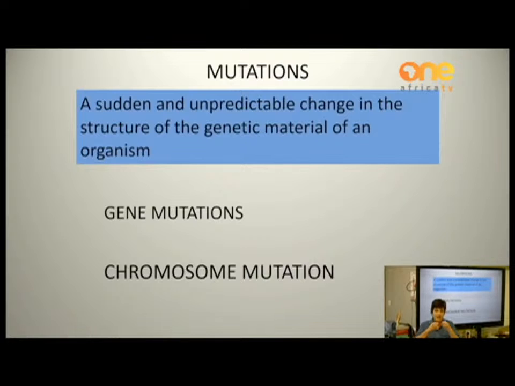A gene can change if one of the bases is deleted, or one can just be changed. It was a guanine, now it's a cytosine. So altered or changed, or deleted, or if suddenly an extra one appears. That is when the gene changes.